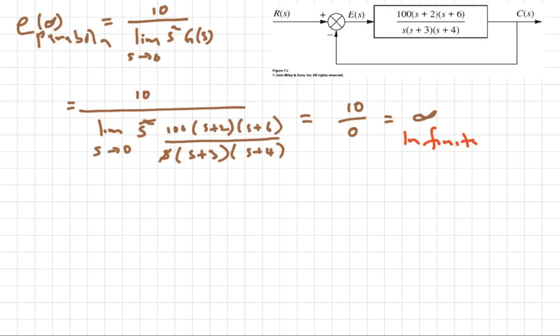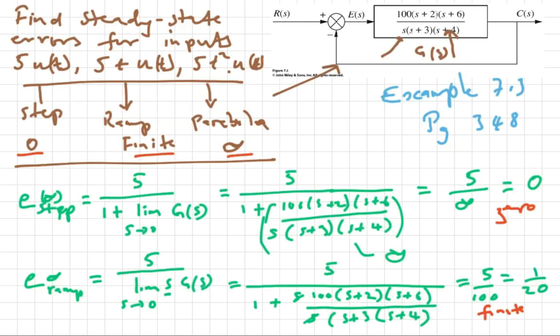What we can summarize from here is, if you look at this question, it has a pure integrator, and because there is a pure integrator in the denominator of the g of s, in the forward part of the system, if n is equals to 1, then we'll have a finite ramp.